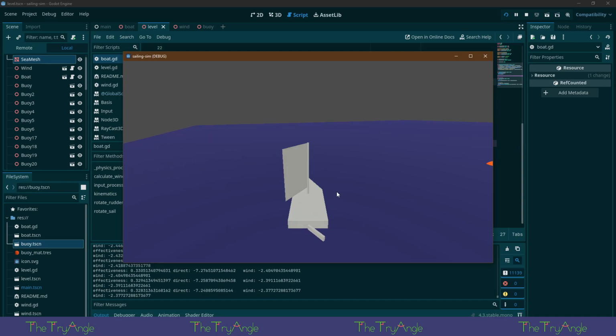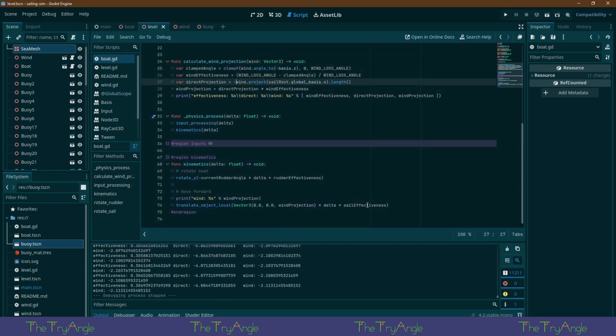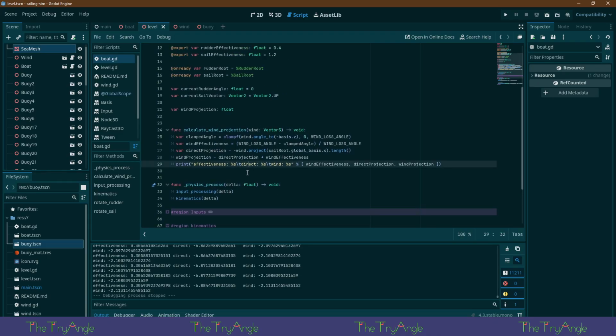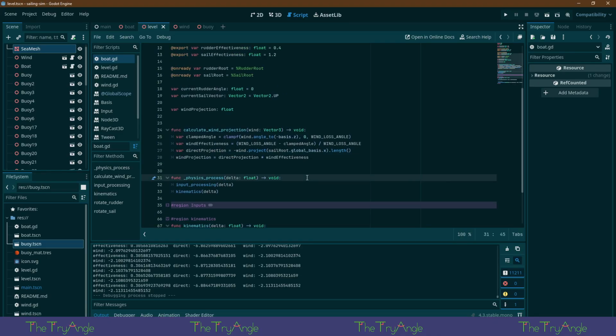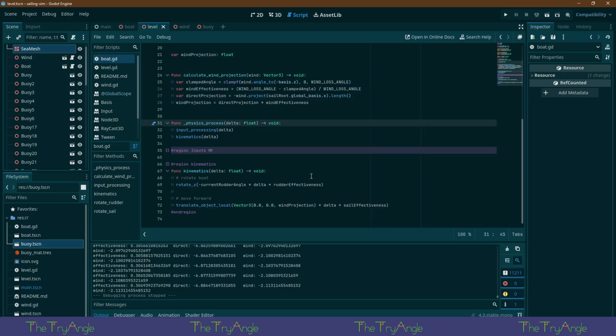This is kind of working, but it's kind of not. I'm not certain what to do about it at the moment.